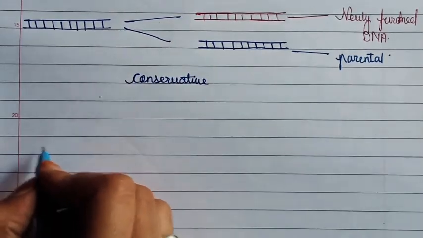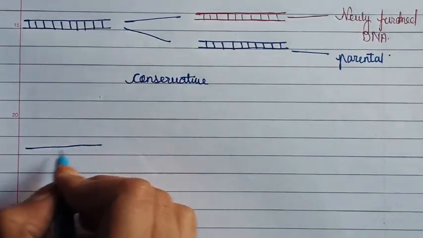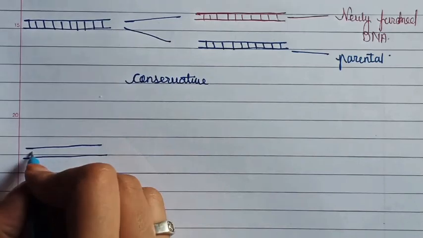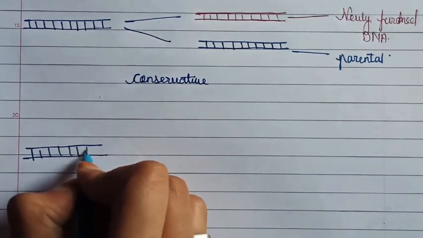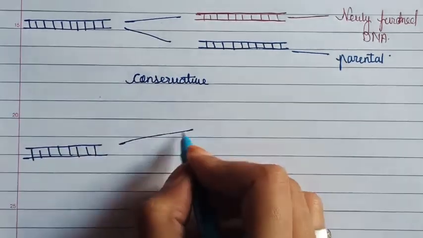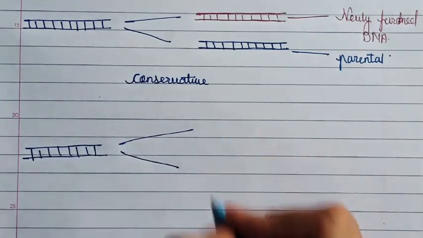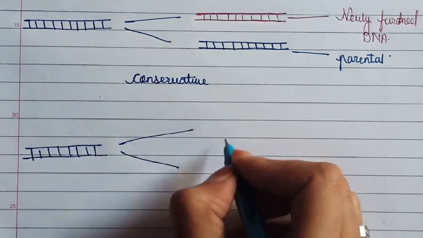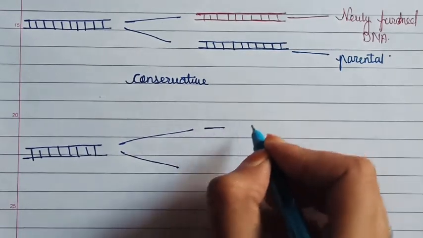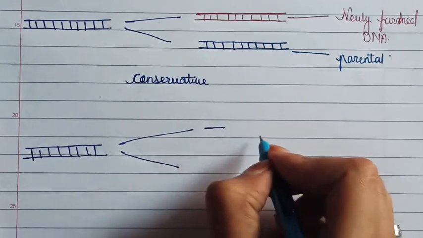Now we are going to see another mode of replication given by another scientist. Suppose this is a parental DNA. We will draw the parental DNA. How does this DNA get replicated? Now this DNA gets replicated in a fragmented way.